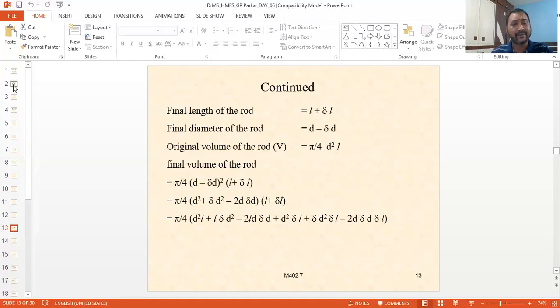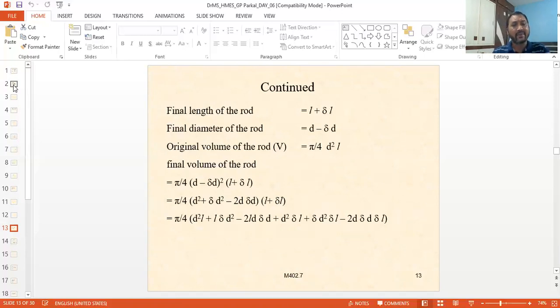Now we can find out the final volume of the rod. The final volume can be found by substituting the final diameter and the final length in the above equation. So it becomes pi by 4 into (d minus delta d) whole square into (L plus delta L), because the diameter reduces and the length increases.